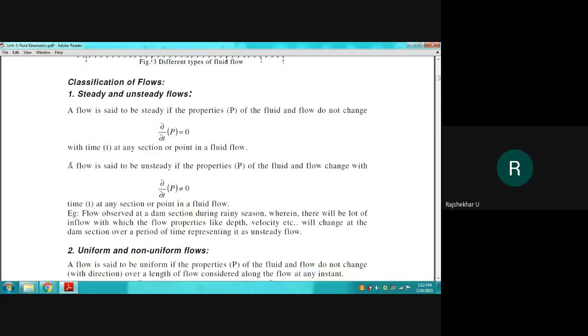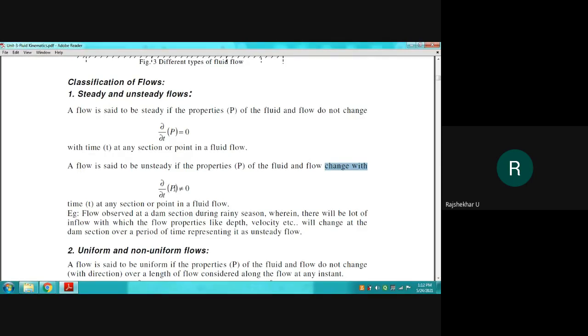Next, unsteady flow. A flow is said to be unsteady if the properties, this P of the fluid and flow, change with time. Okay, so here they are not changing, but in case of unsteady, they change with time at any section or any point in a fluid flow.